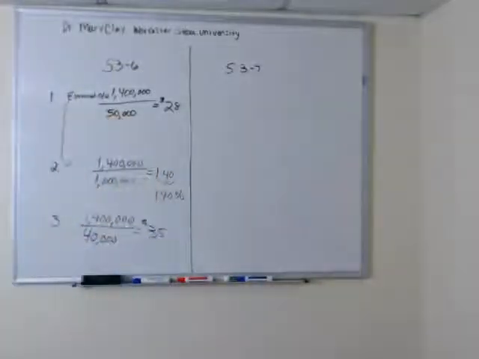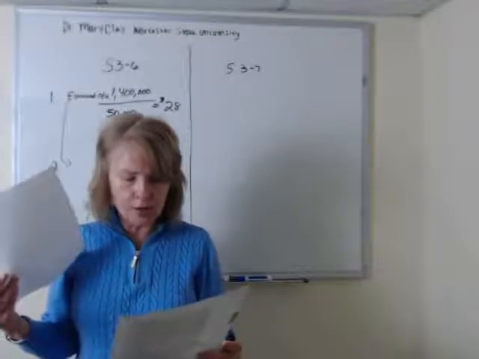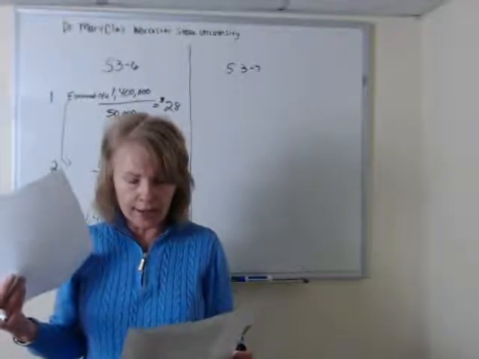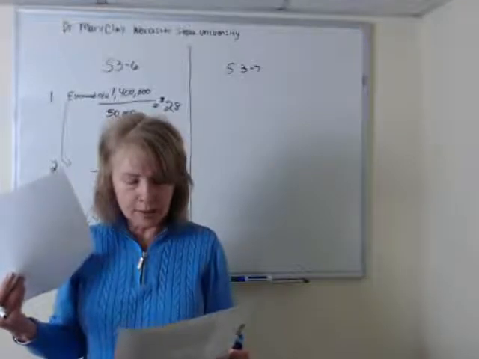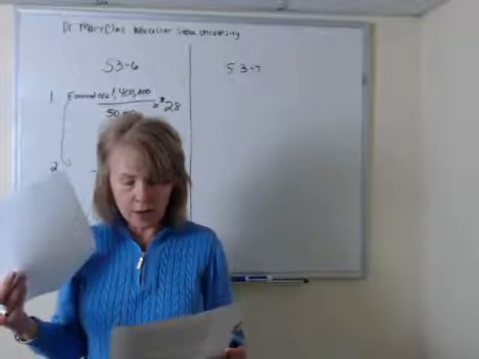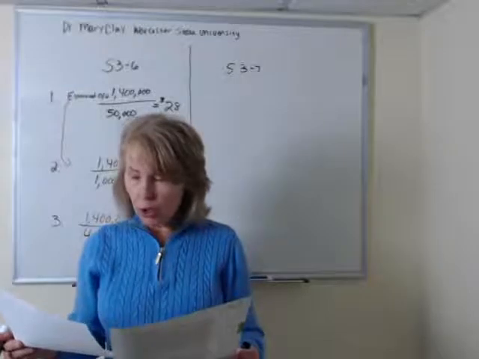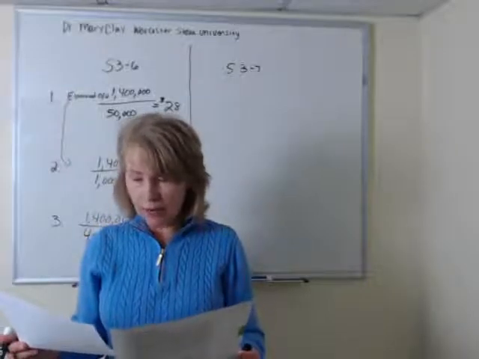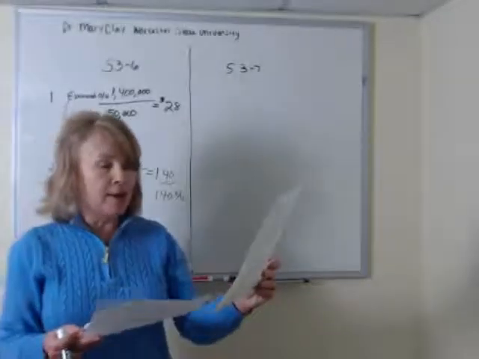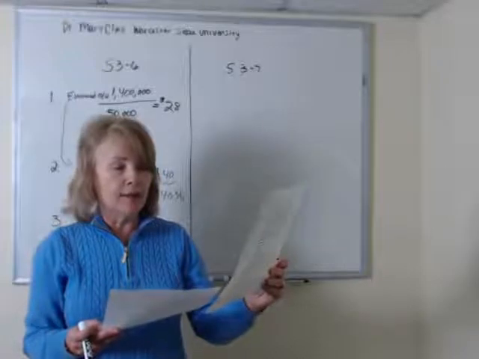S3-7 is a continuance. Here's what it says. Use your answers from S3-6 to determine the total manufacturing overhead allocated to Edmonton's manufacturing jobs in the following independent situations. The rate for number 1, which we derived, was $28. But now they're telling us that the actual direct labor hours are 51,700.